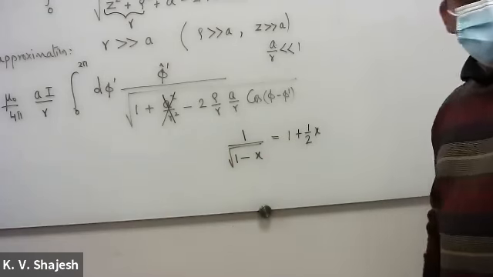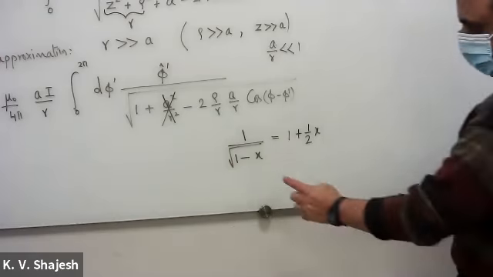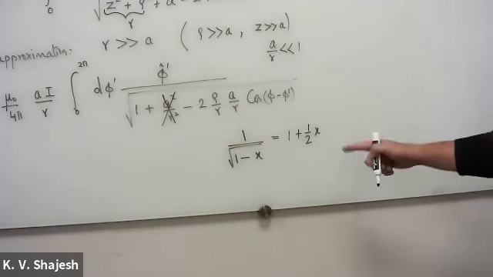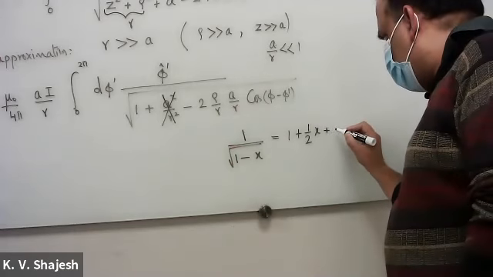That's a series expansion. If you want to think of it as a binomial expansion, this is 1 minus x raised to minus half, plus order x squared.